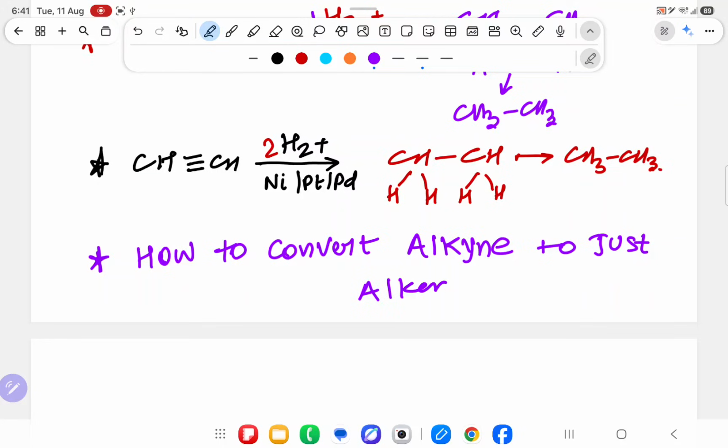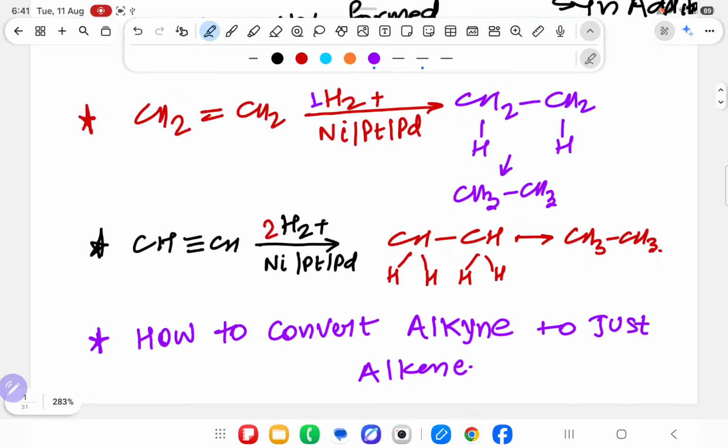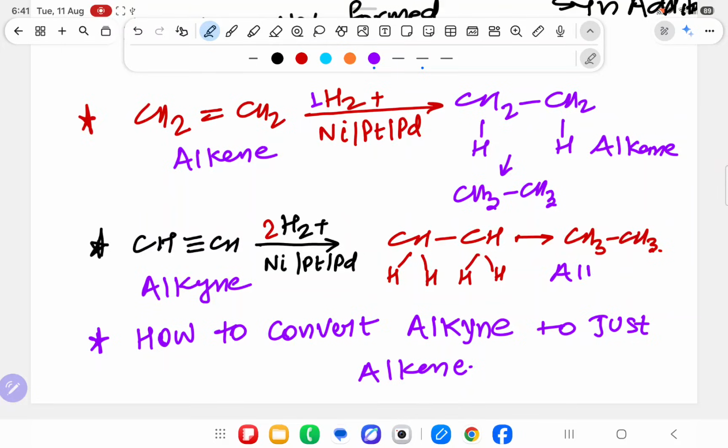In the first part and second part, we are converting to alkane. This is alkene, and after alkene it is converted to alkane. In the second part it is alkyne, and it is also converted to alkane. Someone will say, no, I want to convert alkyne into alkene, not alkane.